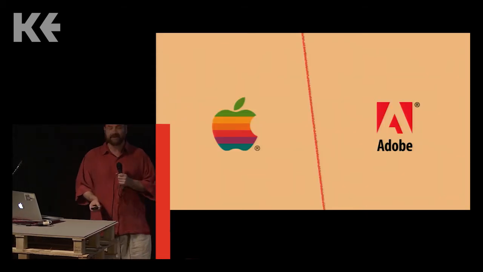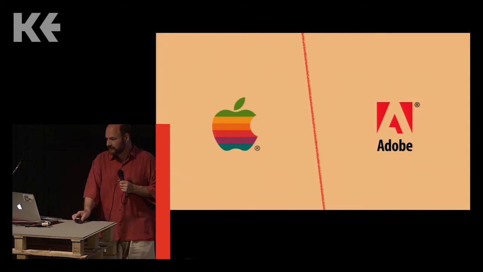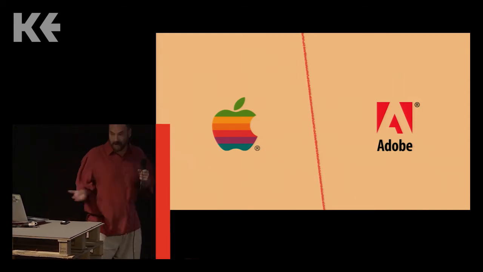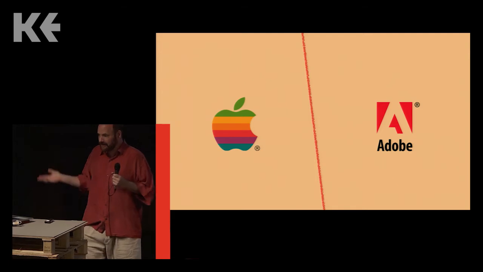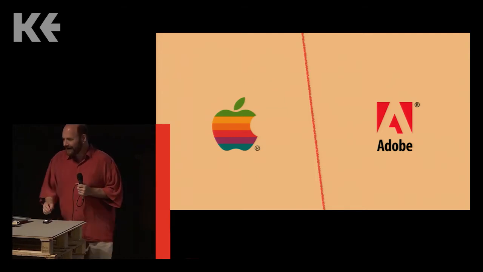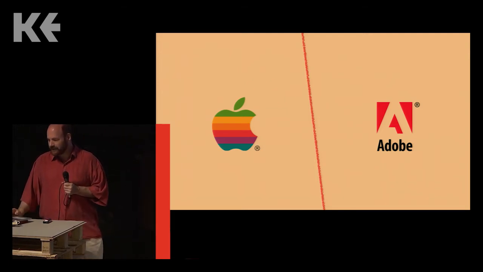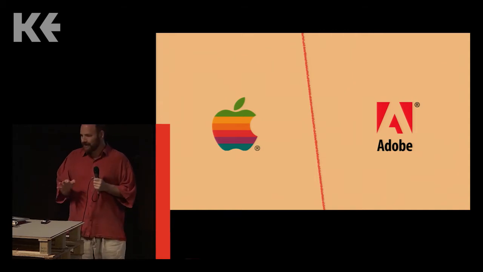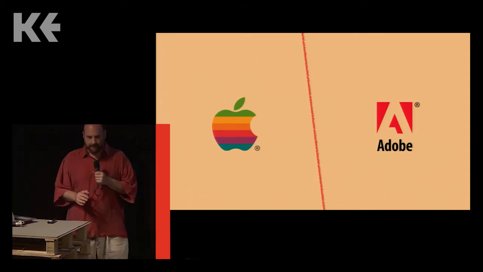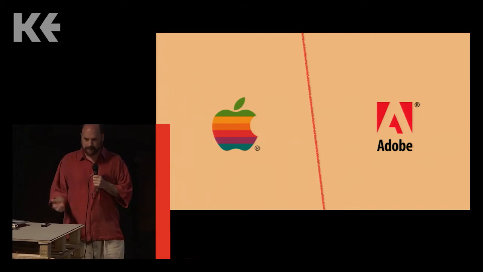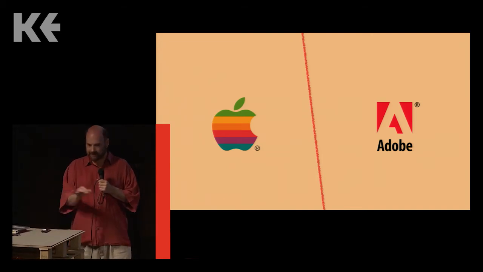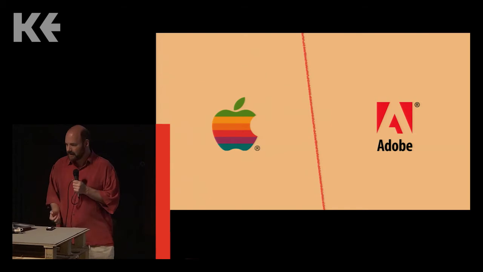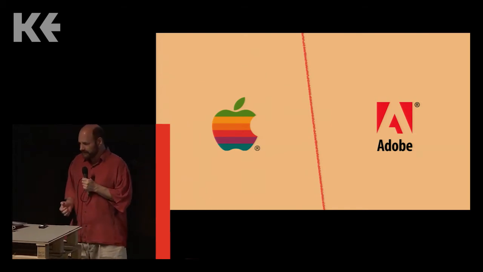So, let me take you back to the early 1990s. Digital fonts were still a hot new thing. Apple still had a color logo. I still had hair. You know, things were very different. Around 1990, both Apple and Adobe began working secretly at the same time on new technologies for fonts that could change, could morph, could slide in between different possibilities, axis-based fonts, both of which shipped in 1991.